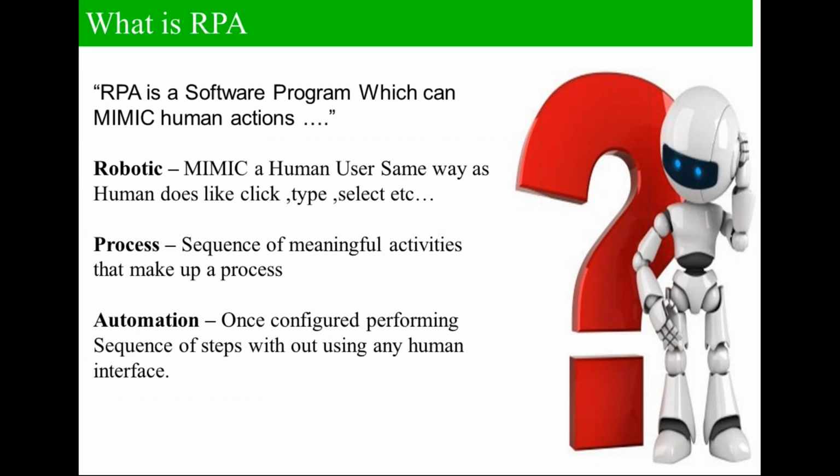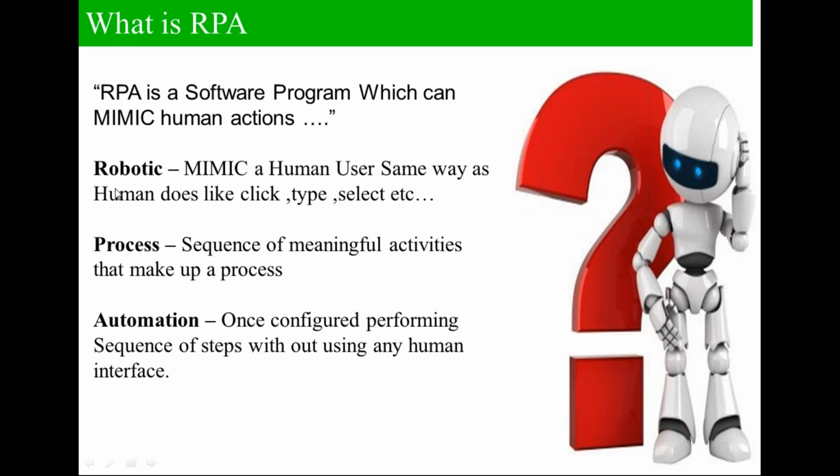The very first thing is RPA. We already mentioned that this is nothing but robotic process automation. We are doing automation, but we are automating a particular process with the help of a robot.